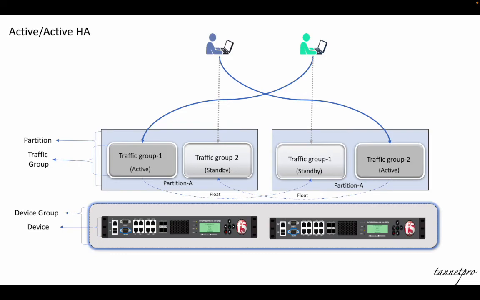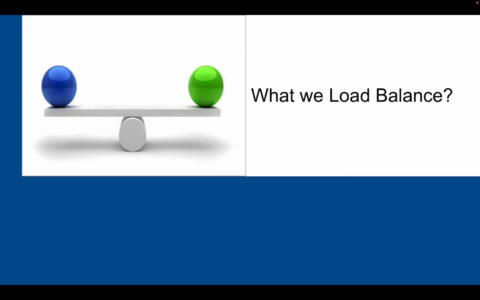So both boxes will be active, and the clients send their traffic to different boxes, as their traffic groups are active on two different boxes. This is one way to make traffic groups active-standby and active-active from an HA perspective.